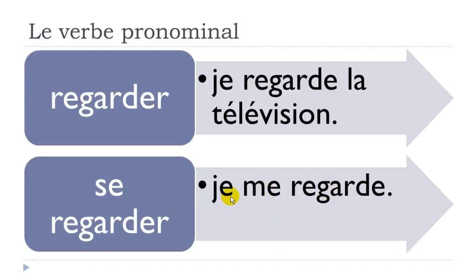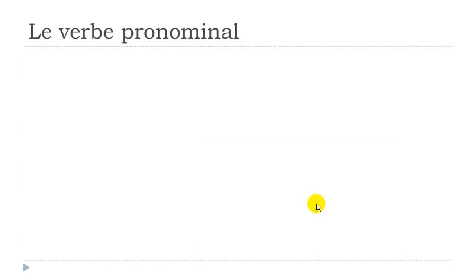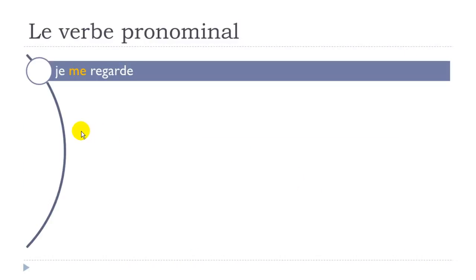Alright, so you will have to add this me here before the verb. Je me regarde. Okay, so let's see how we will conjugate this verb at the present form. Je me regarde.